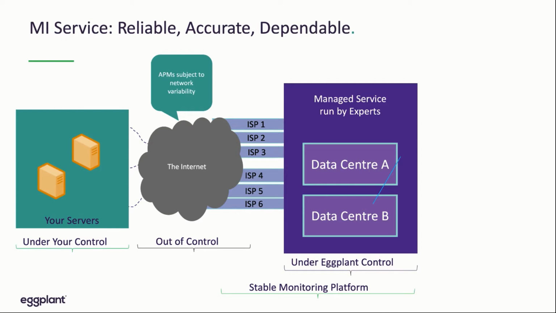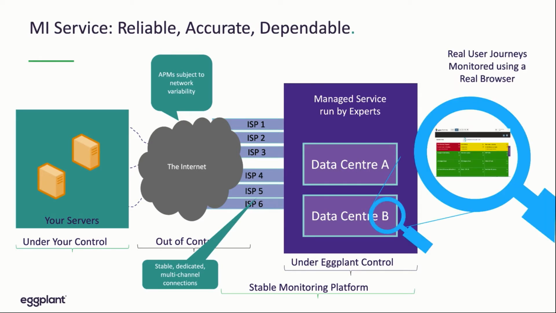It has multiple stable connections to the internet. So in this example, our platform hosted in the UK has 6 independent tier 1 connections to the internet. And as I mentioned earlier, we use a real Chrome browser to detect client-side issues, including usability issues.